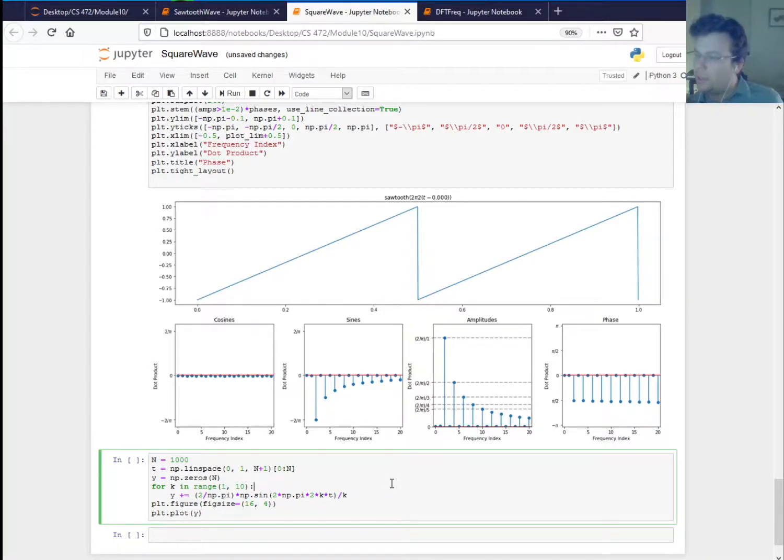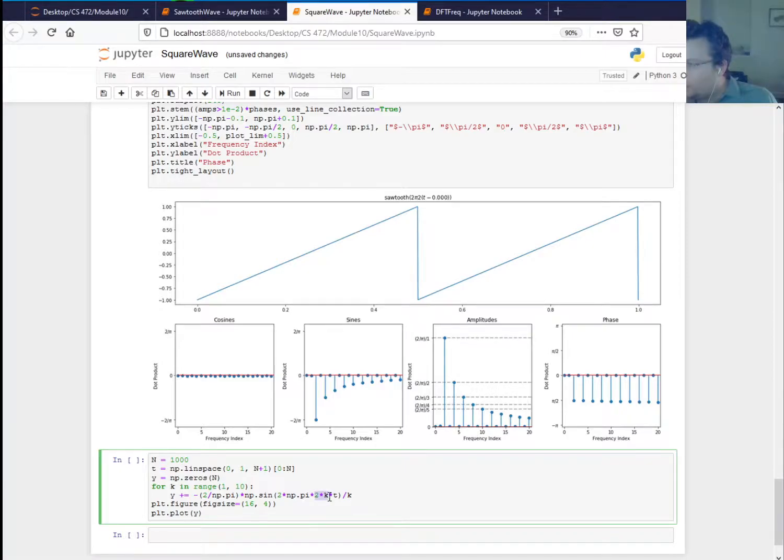Okay, let's check this out and see what we get. I'm just trying to match up what I see here. Actually, I'm starting off with the positive signs. They need to be negative. Okay, so I'm trying to match what I have here. So the first one should be negative 2 over pi times sine of 2.